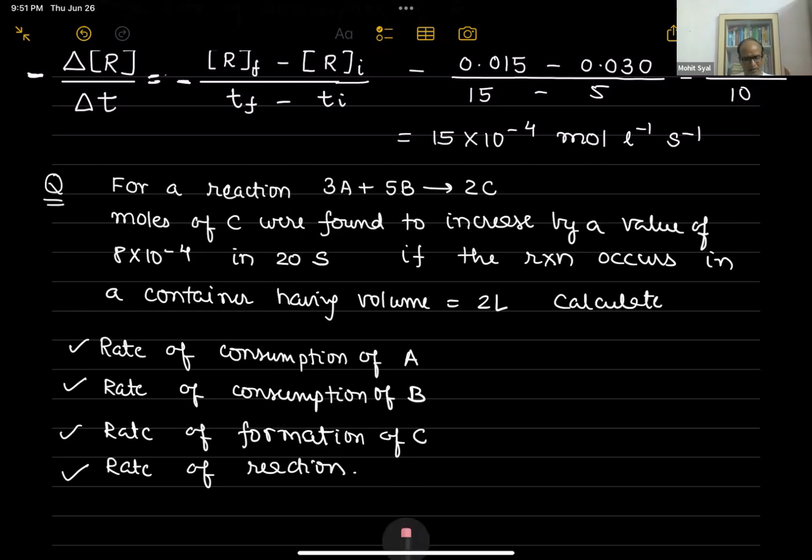If you are measuring the rate of consumption of B, just take the difference in concentration of B divided by the time interval in which the change has taken place. They can be different, depending upon their stoichiometric coefficients.